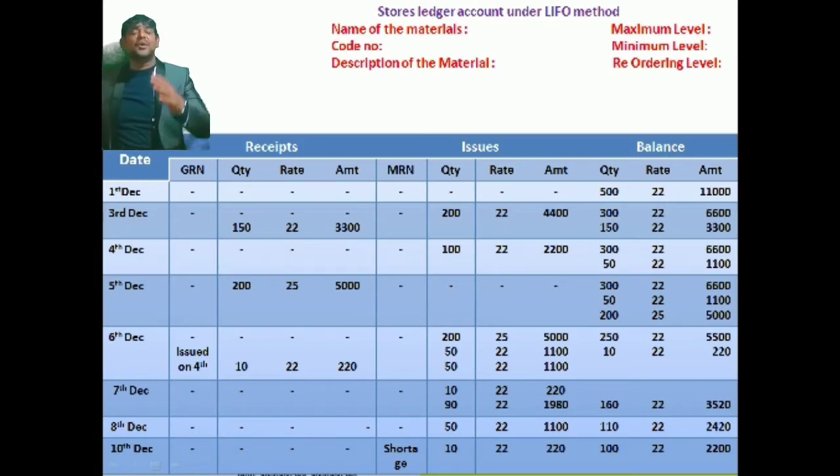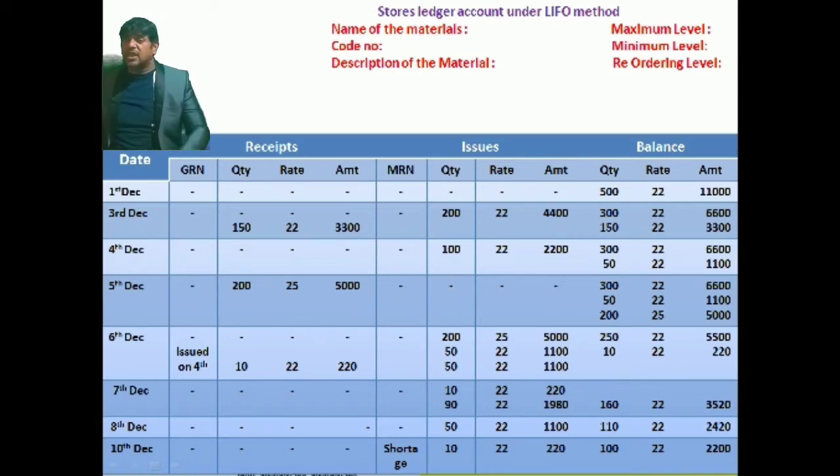Under balance: quantity, rate and amount. Now go to the date column, 1st December 2019. There is a stock in hand, he said. That means we have an opening stock. Stock in hand is nothing but opening stock in these circumstances.